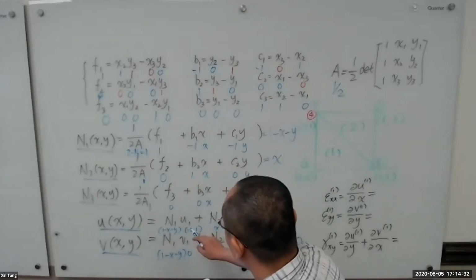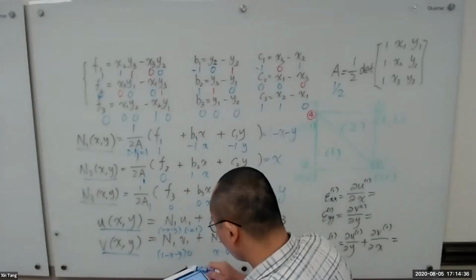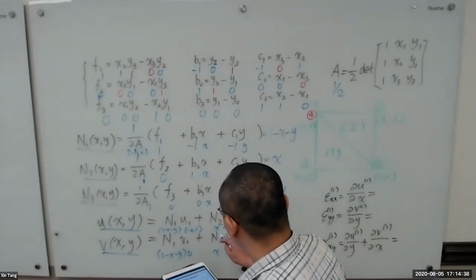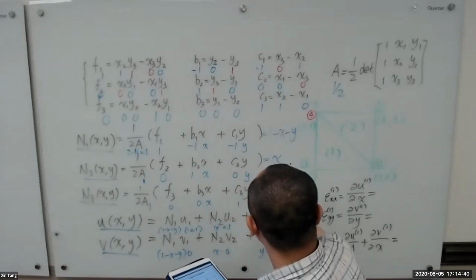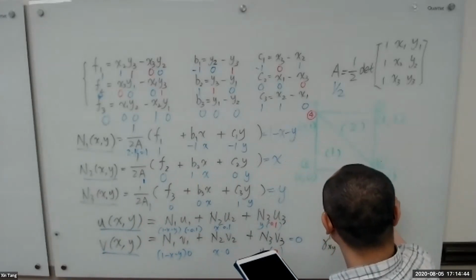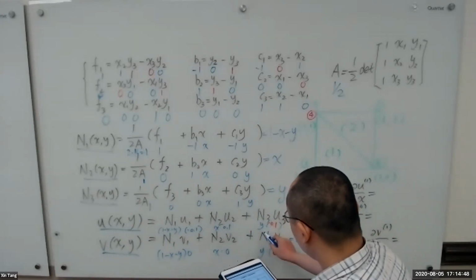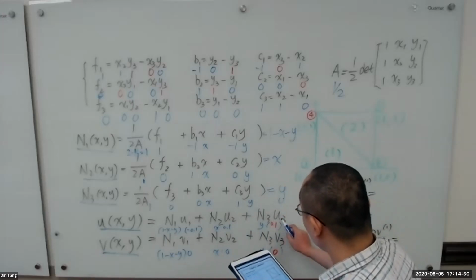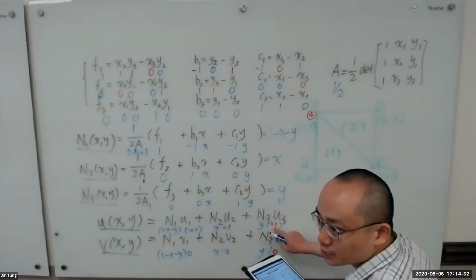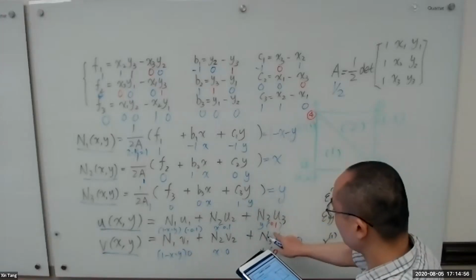U1 is the u displacement of node 1. It's minus 0.1. N2 is x, we calculated, times U2, which is 0.1. And then N3 equals y times U3. Here, U3 is actually the displacement of node 4. This is red colored.